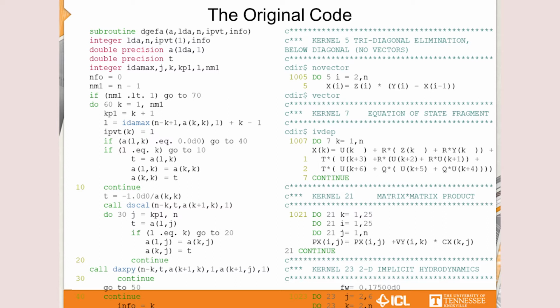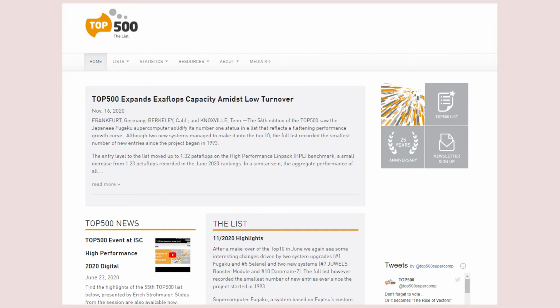LINPACK algorithm, that is, solving a system of linear equations. And we modified the benchmark so that it wasn't restricted to a matrix of size 100 or 1,000. You can make the matrix as large as you can fit in your computer. So the HPL became the benchmark that was going to be used in the Top 500 list.